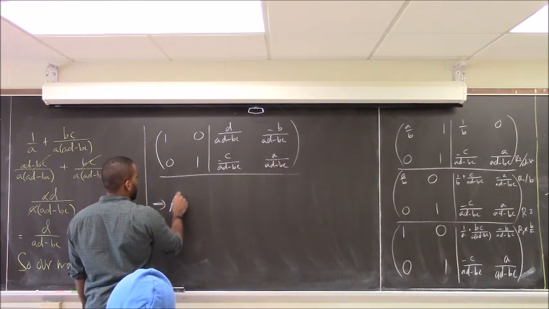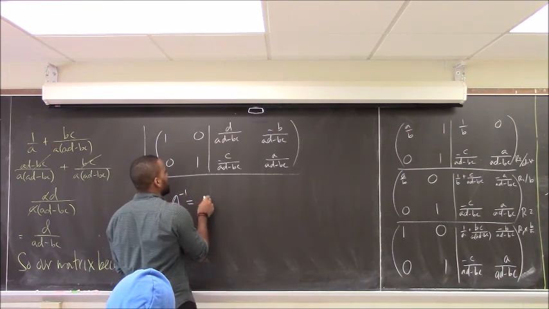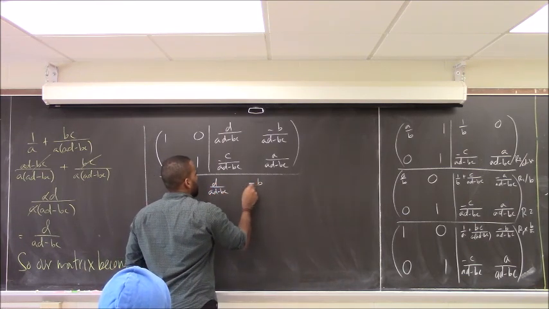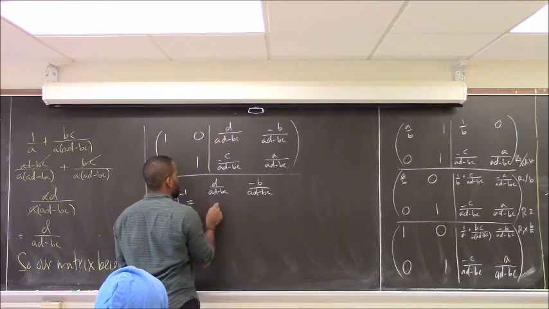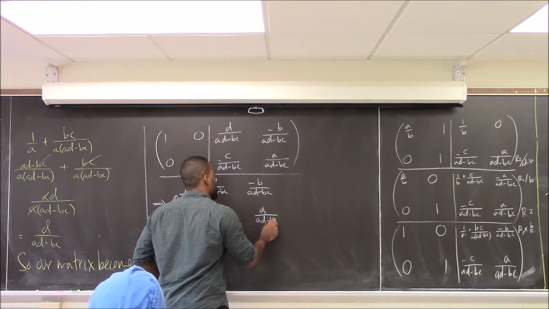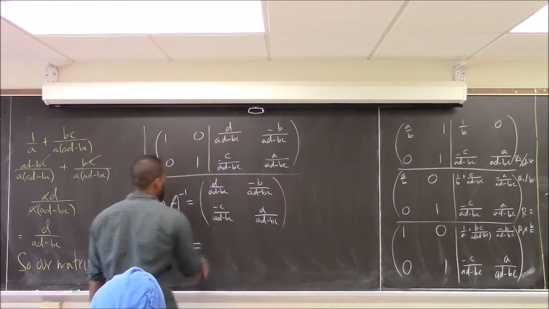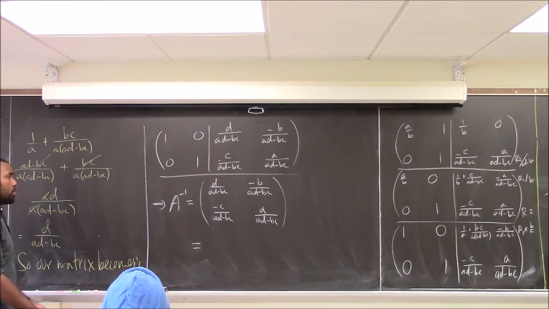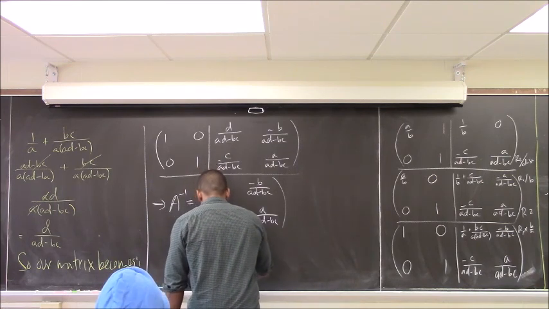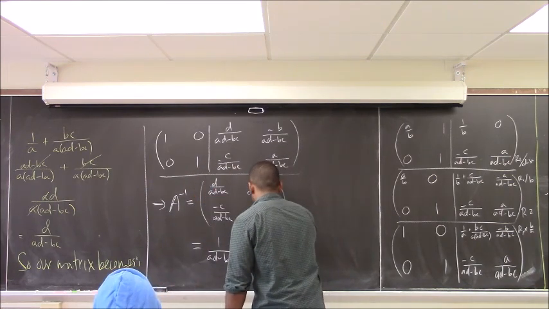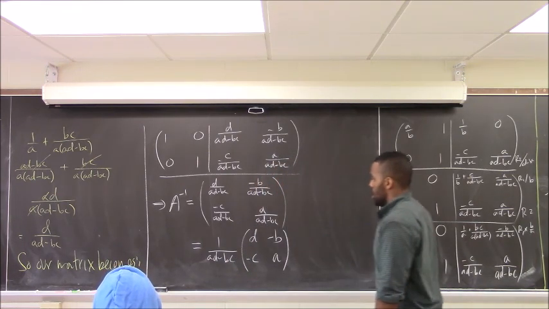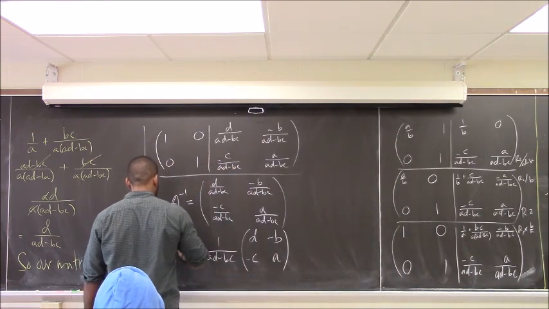This means that our A inverse is going to be that guy. Notice that ad minus bc is a common term, at least 1 over that. I can factor that out, put it in front of the matrix, ad minus bc, and I've left over d, minus b, minus c, a. And that's how you find the inverse of a 2 by 2 matrix.